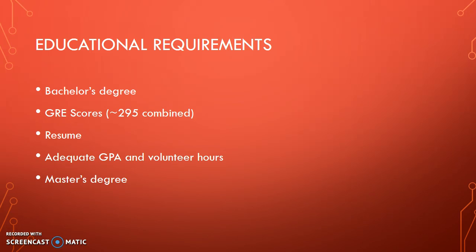And then with the bachelor's degree, you really just need to have adequate scores, GPA wise, usually around a 3.0, probably around like a 3.3 or 3.4 to be more competitive. And each school varies with volunteer hours, but at the University of St. Augustine, they would require you to have 80. And then you, of course, need a master's degree from an accredited program of occupational therapy.